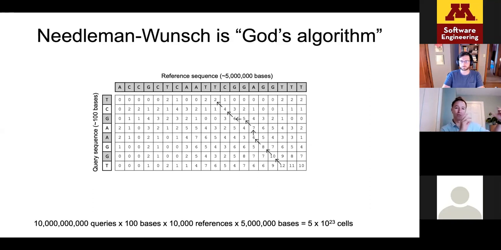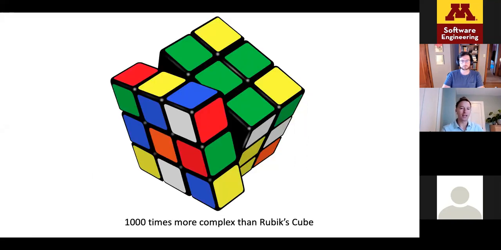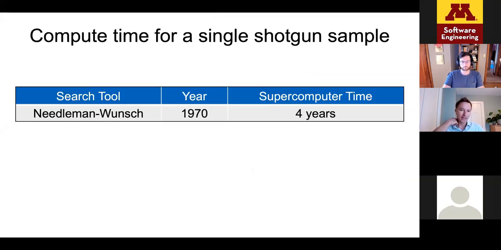Those are all the reference genomes of the known strains of bacteria, and those bacterial genomes are not 100 bases long. They're like 5 million bases long. So in total, you get 5 times 10 to the 23 cells, which is 1,000 times more complex than all of the possible states in a Rubik's Cube, which is 43 times 10 to the 19. And so this would take forever to run.